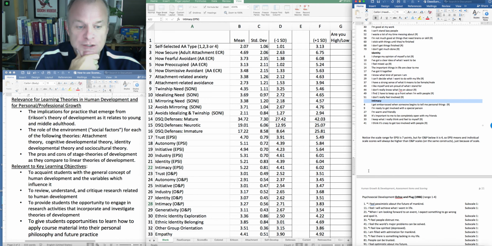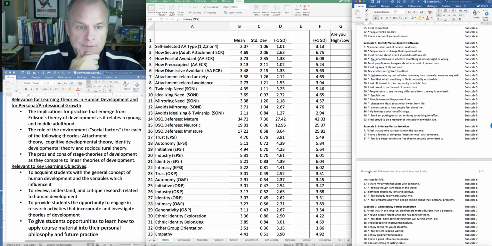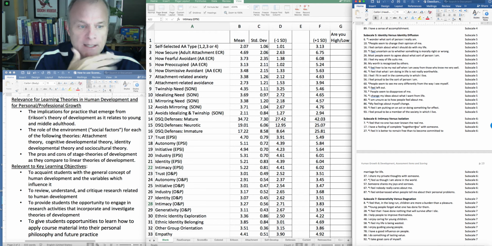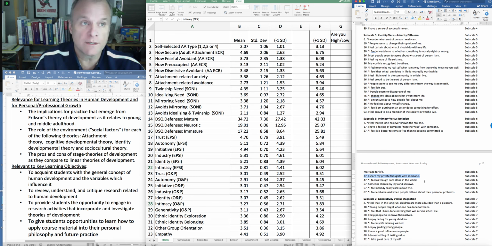If we look at the Ocean Plug, however, for their intimacy scale, right here, you have, I have a feeling of complete togetherness with someone. I share my private thoughts with someone. So here, you would get a higher score if you're in a relationship with someone, right? Whereas on the other one, you would get a higher score if we take the average, and usually these are all averages.